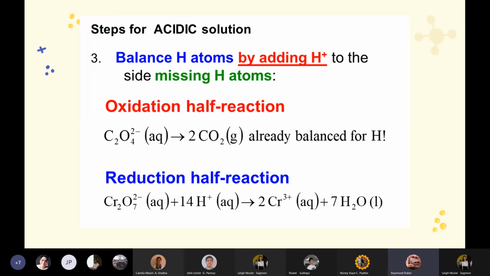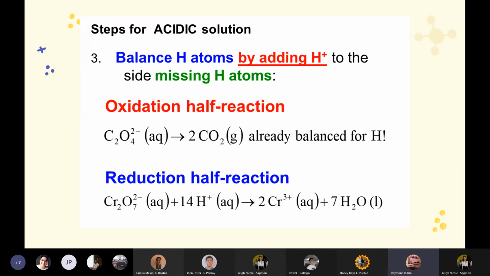Then here, since gibutang nato ang water molecules ganina, naa tay 7 ka water molecules, pero each water molecule has 2 hydrogen atoms. So 7 times 2, that's 14. So mag-add ta sa pikas side of 14 H plus para mabalance ang duha ka side.